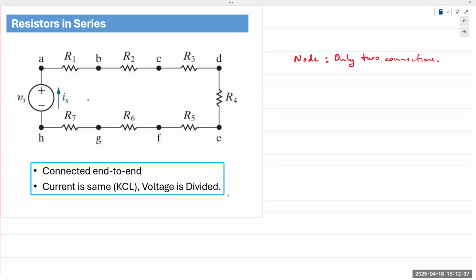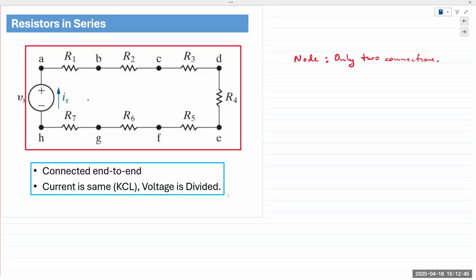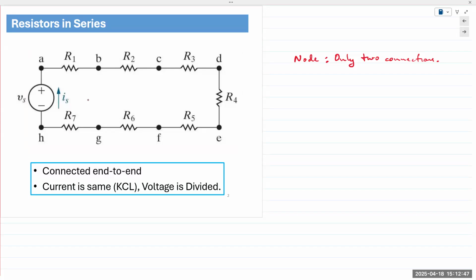Then we say those components are in series. So in this circuit right now, we have 8 resistors, all connected in series.